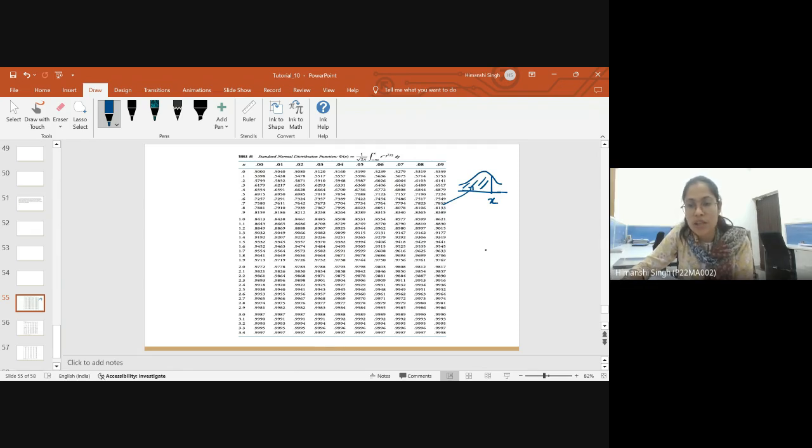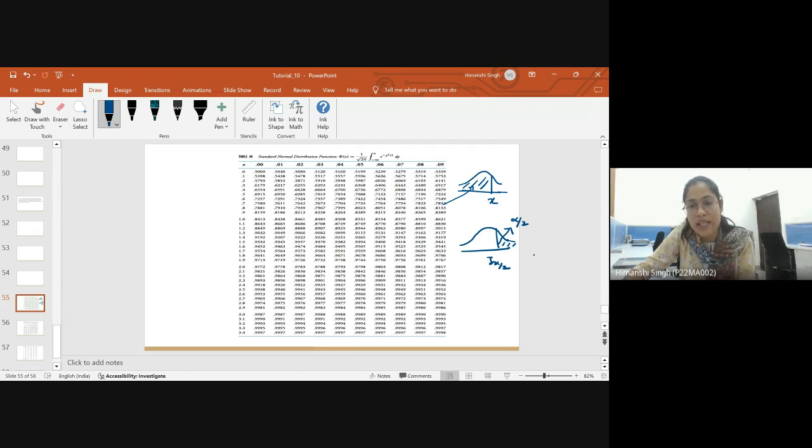But in the question, we need to calculate z alpha by 2, the point such that the area on the right hand side is alpha by 2. I cannot directly go to the table, because the areas there are given on the left hand side of the point. So I need to find the left hand side area.